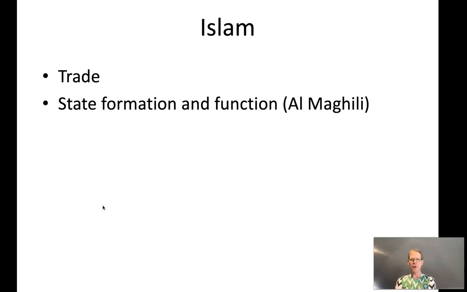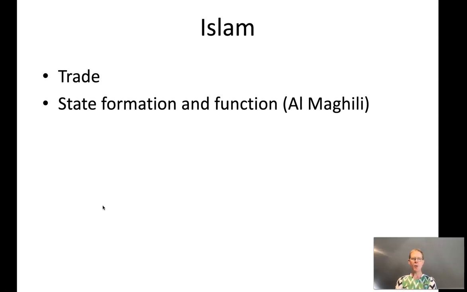It's a letter from the emperor of the Songhai state who's writing to this Islamic scholar, Al-Maghili, asking for his advice. And most of the document is Al-Maghili writing back saying, hey, this is what you need to do. What he's giving him is a blueprint for creating an Islamic state. So that's what you need to look for.